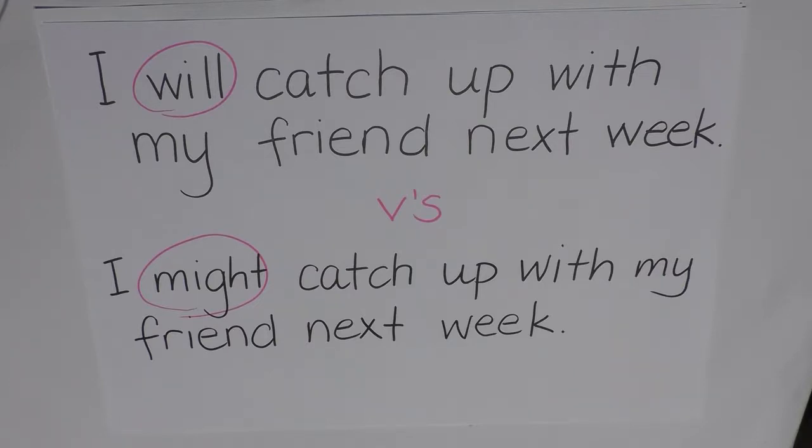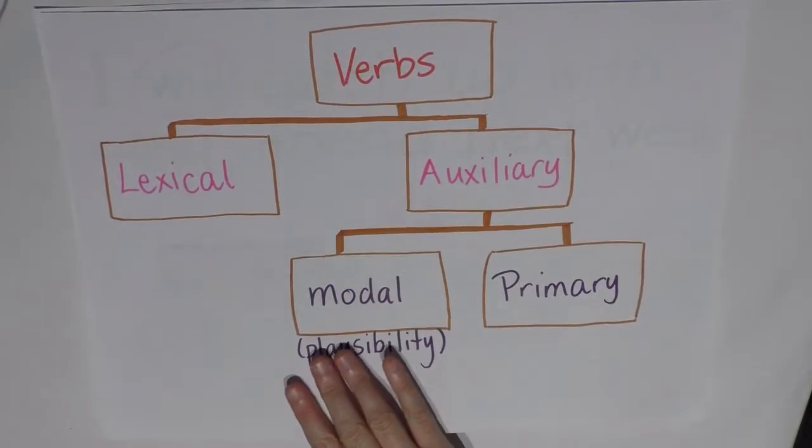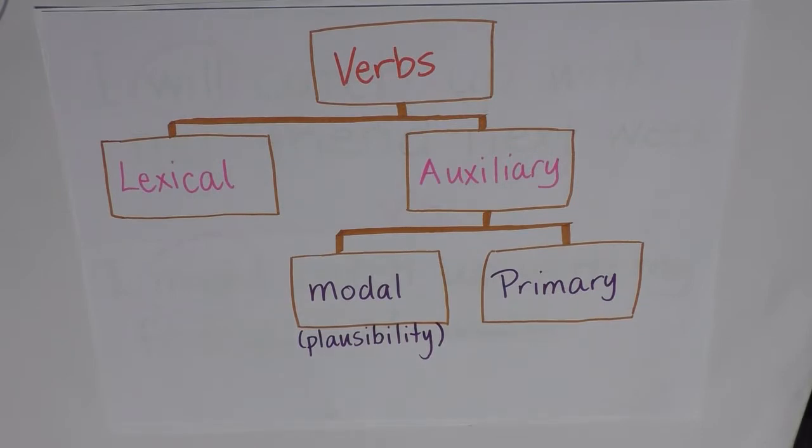So we'll bring back the table here. And we'll write down, we mentioned what the modal verbs were in the last video, but I'm going to write them down again now.